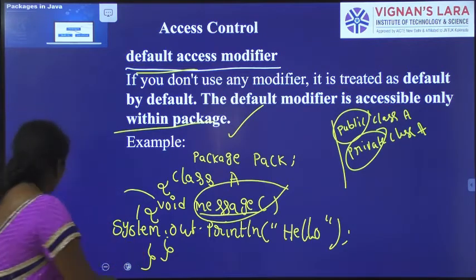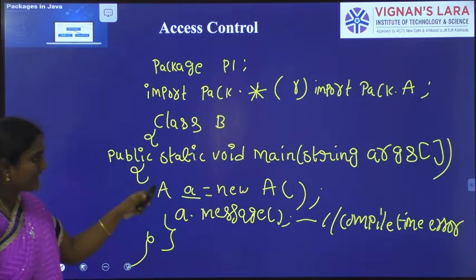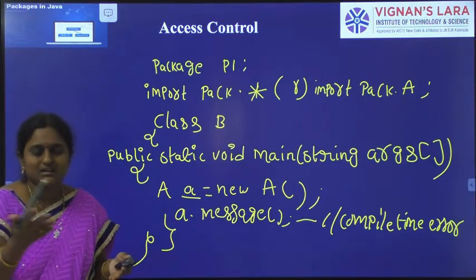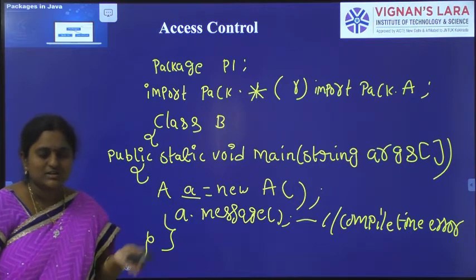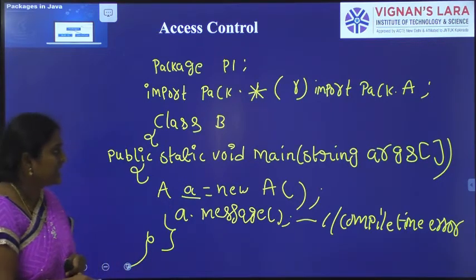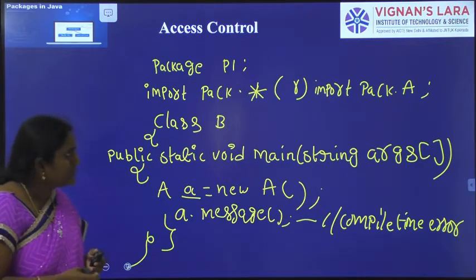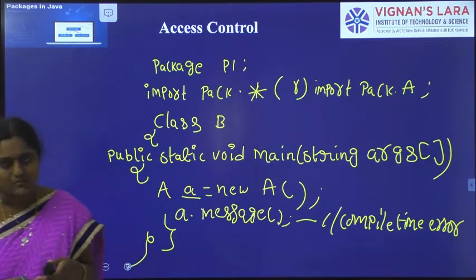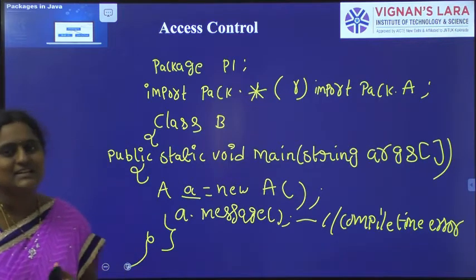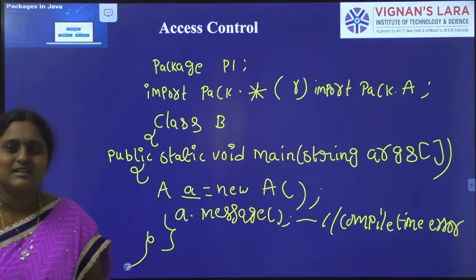Suppose we are trying to access default access specifier methods and variables outside the class, outside the package. At the time of compilation it leads to an error because the message method is default.